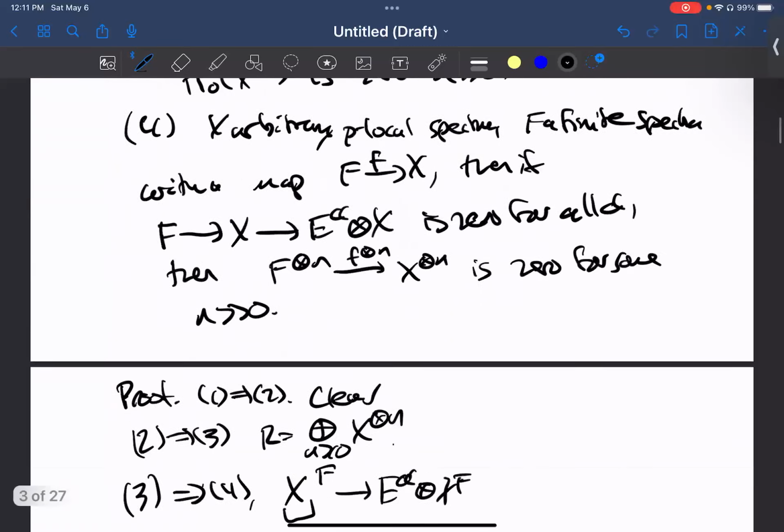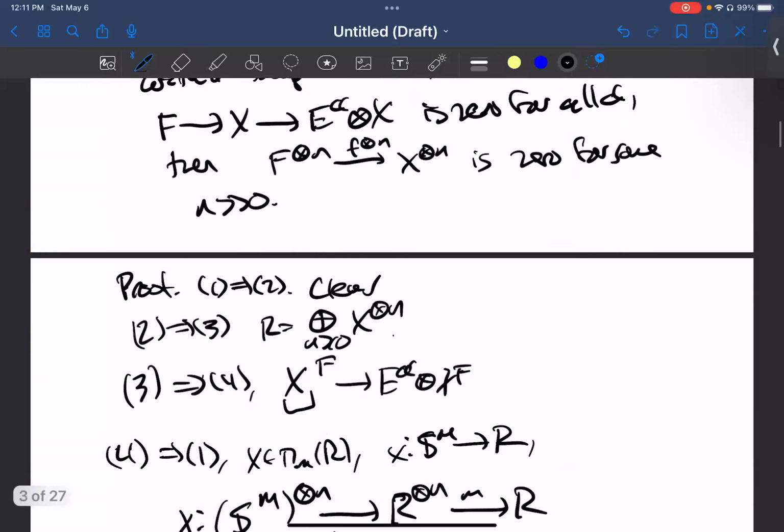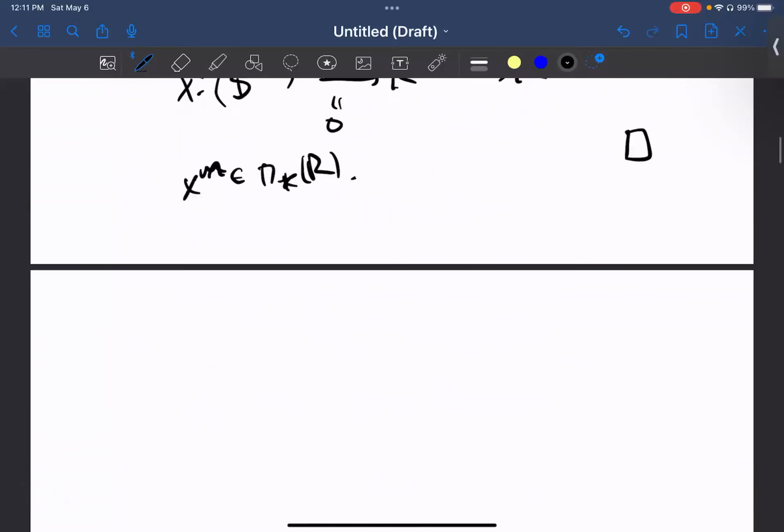And if we have a collection of ring spectra that is like this, we see that they detect nilpotence. So the big theorem here from the chromatic side of the story is, let me make sure I get the authors right, because I'm going to misspell one of their names, I'm sure, Devinatz, Hopkins, Smith.